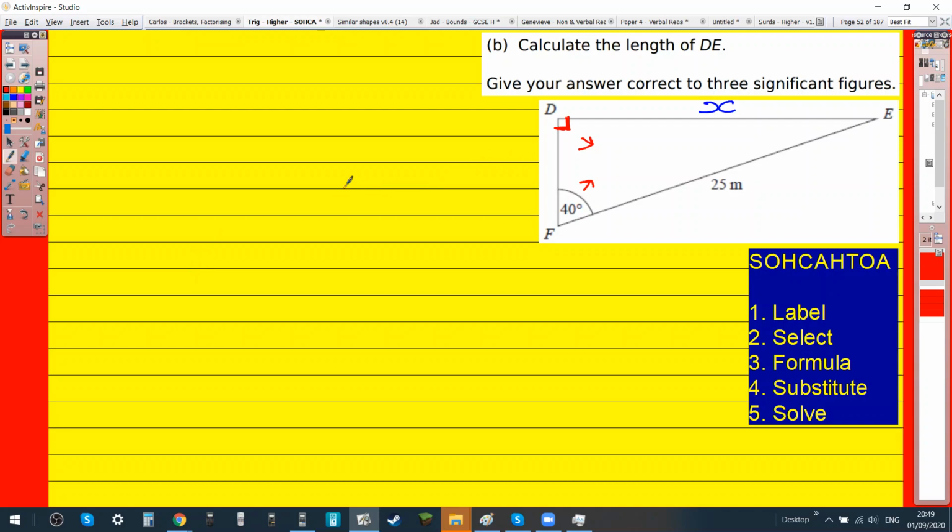What's the name of the side opposite the right angle? FE. Yep. What's that? 25 meters. Opposite, adjacent, or hypotenuse? Opposite. It is the hypotenuse.